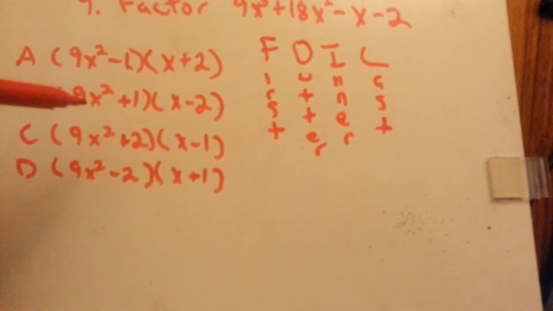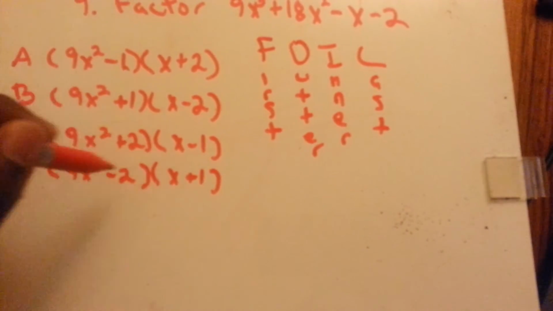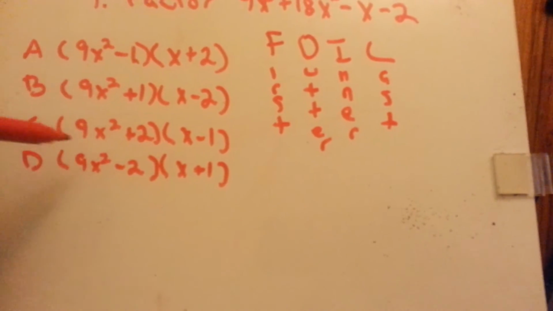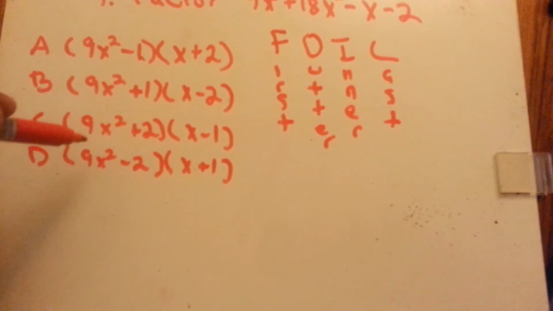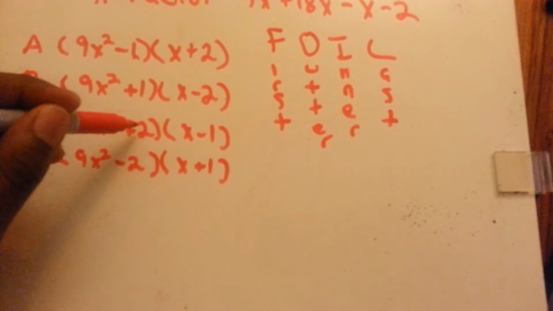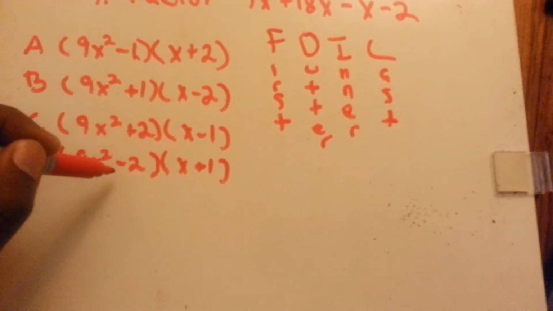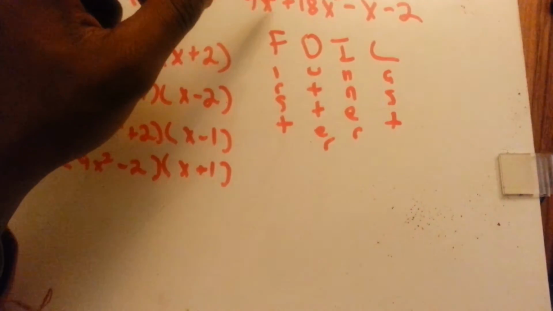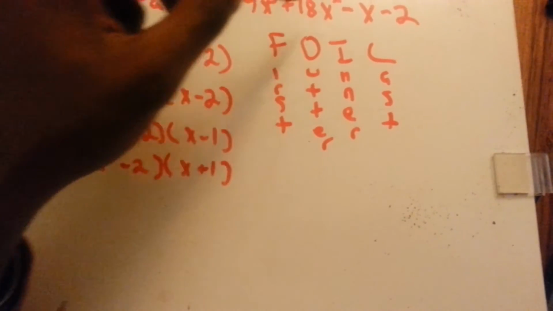So anyone that would have two positives over here, I could rule out, but none of them do. But I do see over here that I have a 9x plus 2 and 9x minus 1. And I know that I can rule those out because I have a 9x cubed plus 18x squared here.